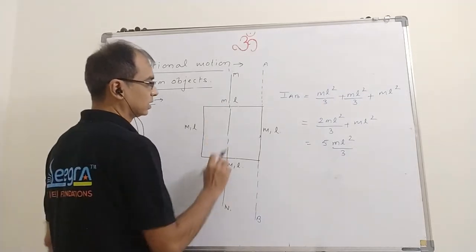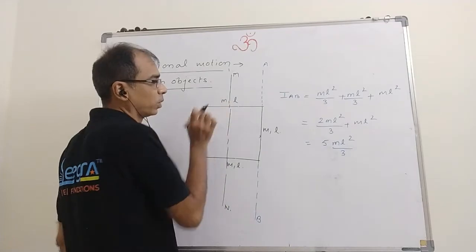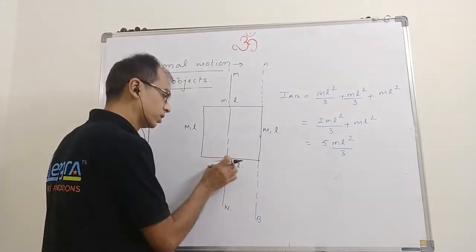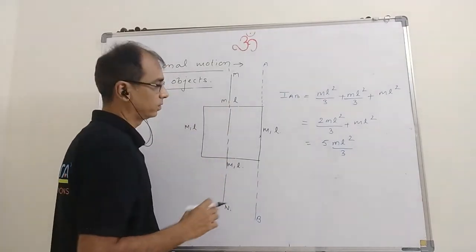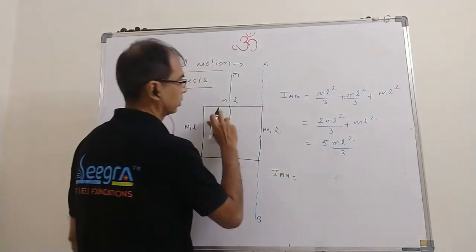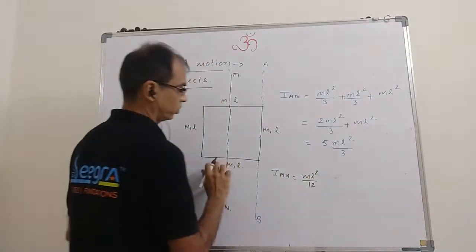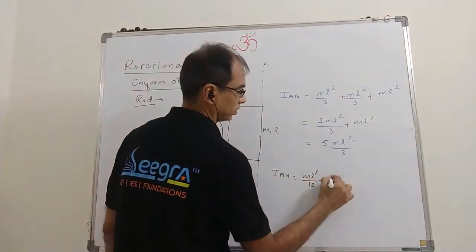Fine. So this axis is passing through this rod at the center, so for this one it is ml square by 12. For this also identical, ml square by 12. So I about MN: here ml square by 12, for this ml square by 12.